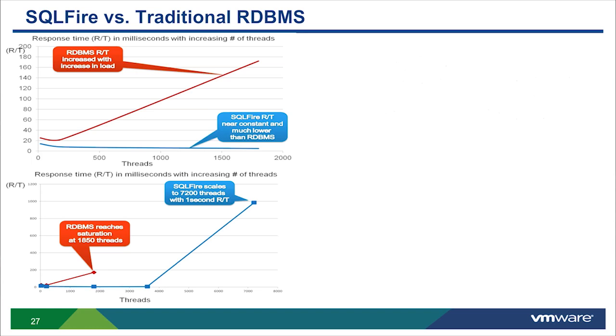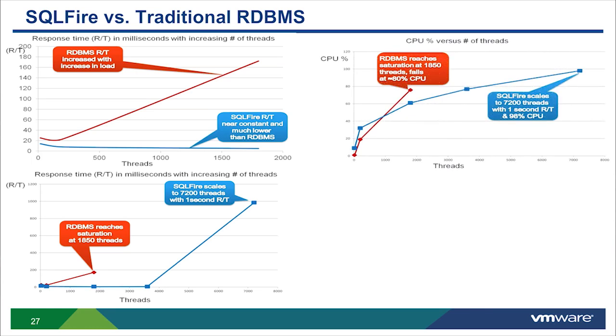Make sense? Now, we also wanted to find out what the CPU utilization of this application was under stress. We found out that the database stopped working at 80% of CPU, but SQL Fire kept going and took advantage of all the CPU that was available to it, up to 98% of CPU.